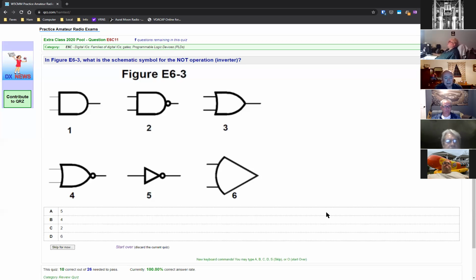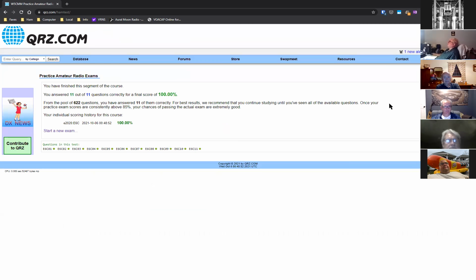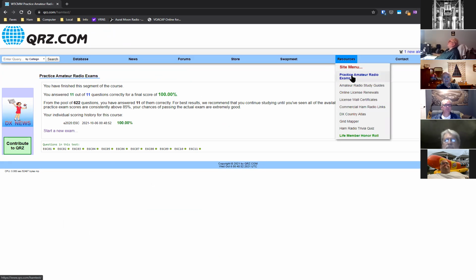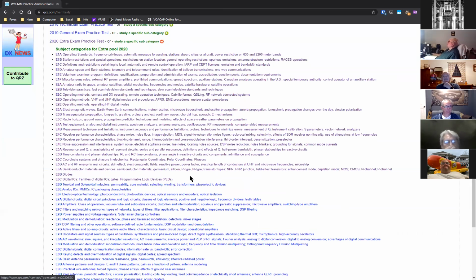Alpha. Yeah, it's going to be alpha. All right, we rocked on that one. We don't have to figure out the circuit, just get by the diagram.